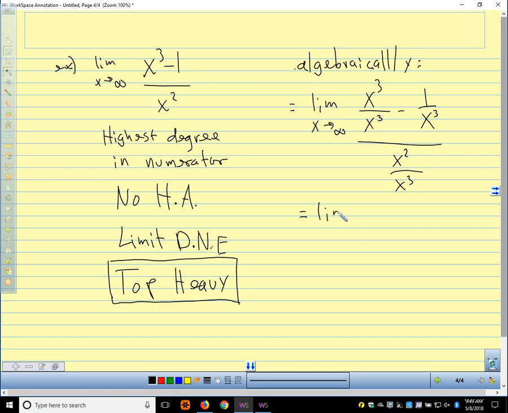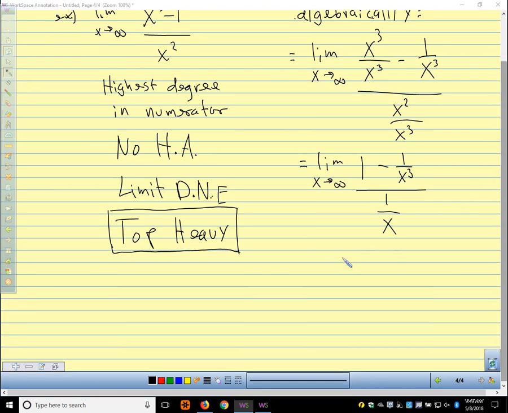So that's the limit as x approaches infinity of 1 minus this limit, x to the third over 1 over x.